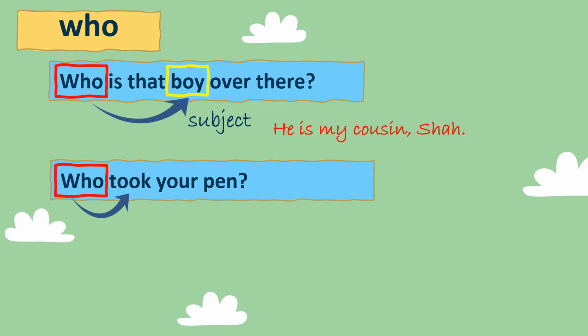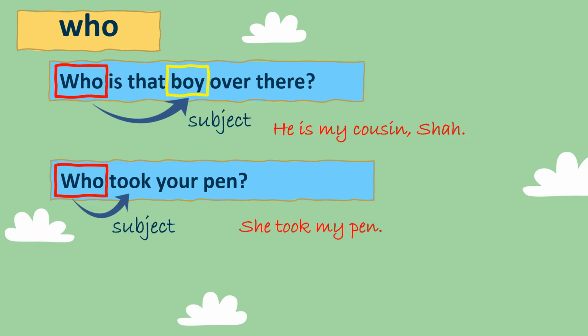So when we want to talk about the person who is doing the verb of that sentence or the question, technically we are talking about the subject, because dalam ayat or dalam soalan, subject adalah orang or nouns yang membuat verb tu, yang melakukan perbuatan tersebut. So this question is asking who took your pen? Siapa yang ambil pen awak?